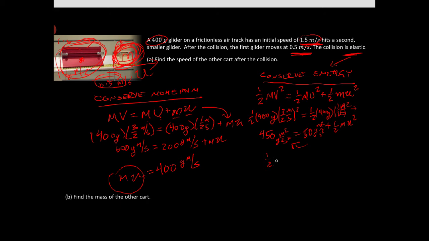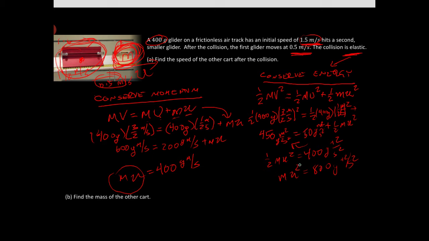So, first I have 1/2 mu squared is equal to, whoops, that should be 400 grams meters squared per second squared. Then we double that, that's actually 800 grams meters squared per second squared, is equal to mu squared.